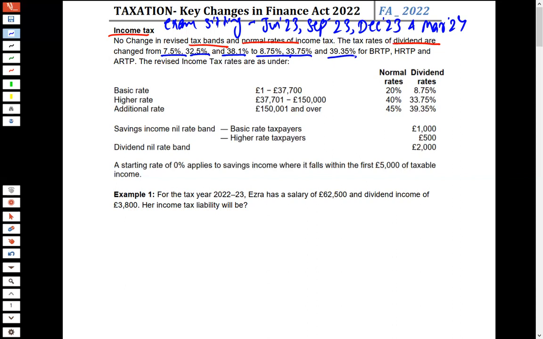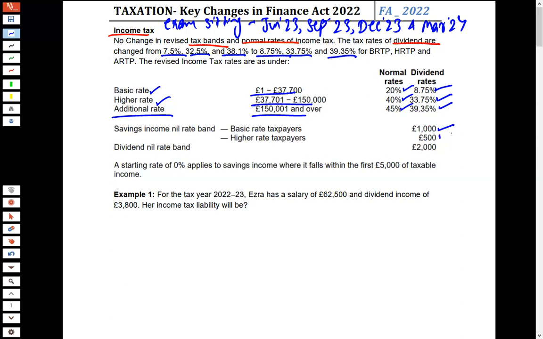The standard tax rates which should be given to you in the exams would be for basic rate from 1 to 37,700: normal rate, dividend rate; high rate band: normal rate, dividend rate; additional rate: normal rate, dividend rate. There is no change in the nil rate bands of the income. So the savings income nil rate band or exemption for basic rate taxpayers remains at 1,000.